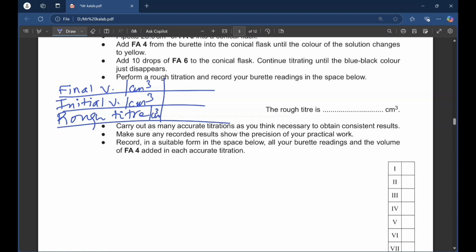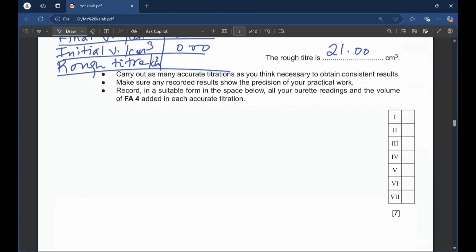As you can remember from the last video, the final volume for the rough titer was around 21.00. The initial was 0.00, meaning our rough titer, the difference between these two numbers, would be 21.00 cm³.